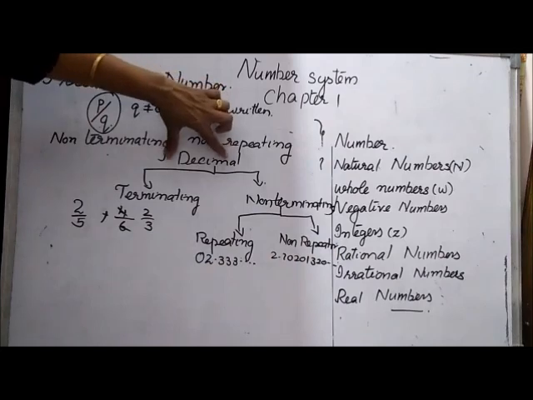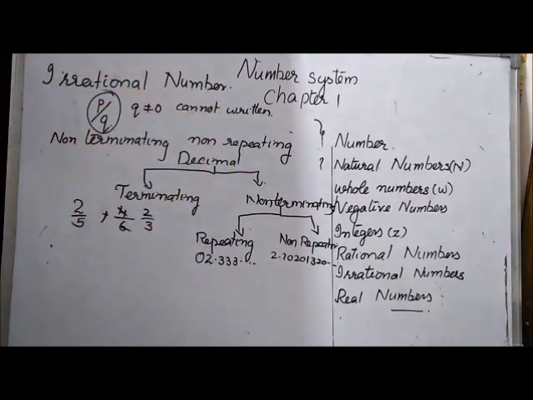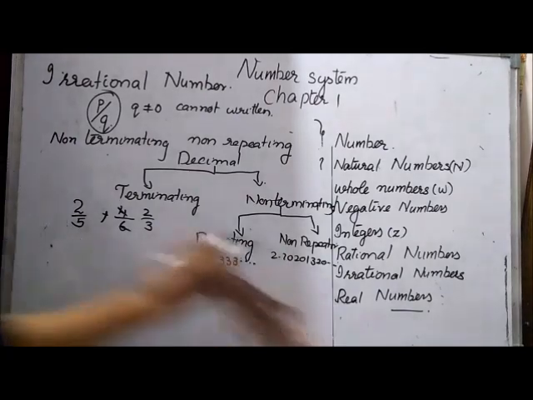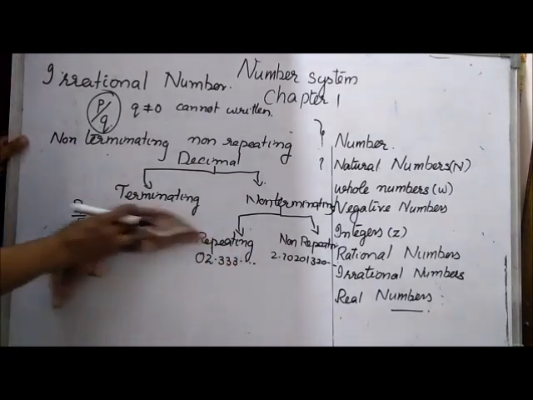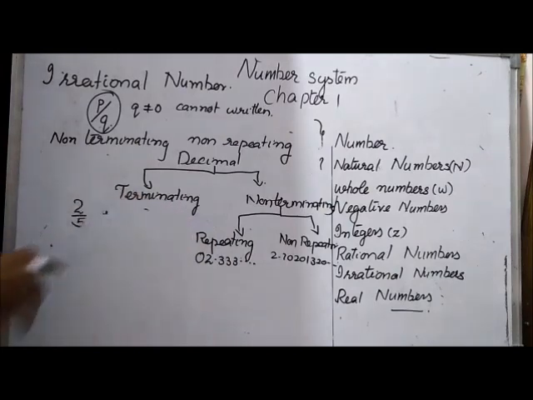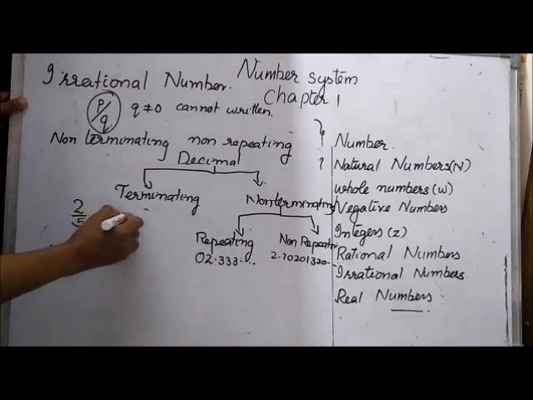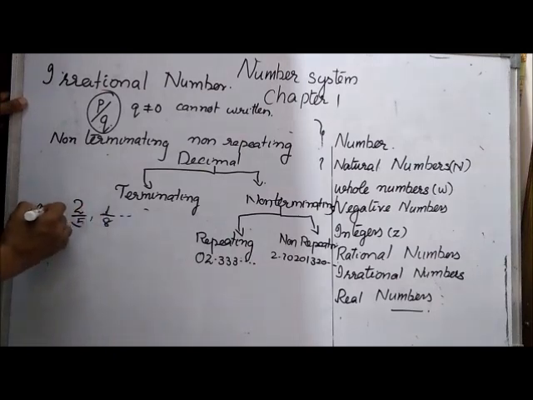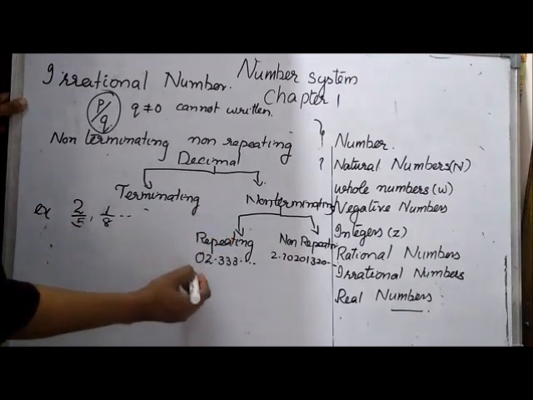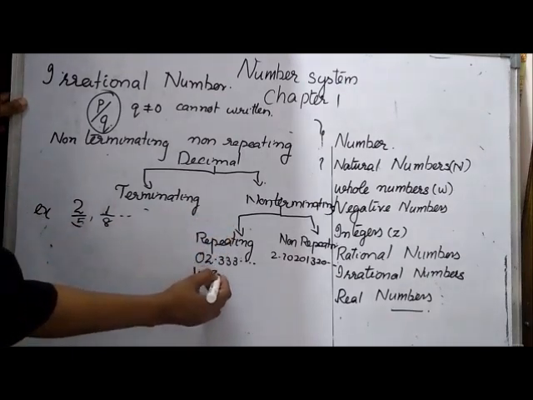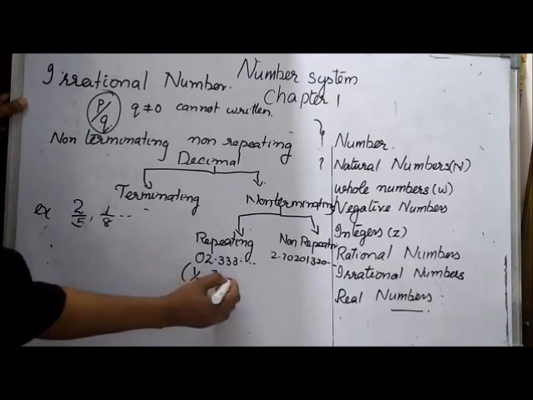So here decimal is divided into two parts, that is terminating and non-terminating. Terminating means if we divide a number by another, the remainder will become 0 in one or two steps or from the beginning. For example, 2 by 5, 1 by 8, so on. And here the examples are 1 by 3, 2 by 7, so on.